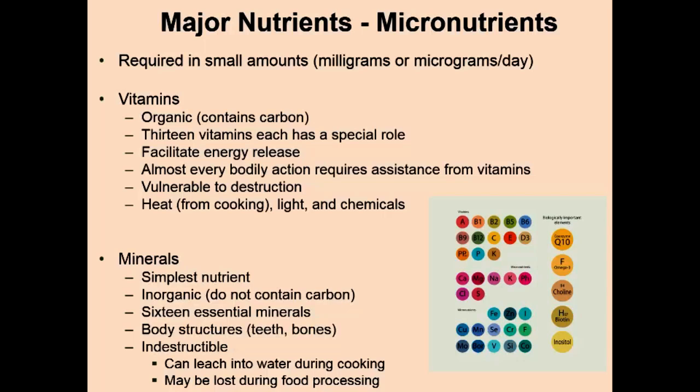They're going to help with the reactions within the body. Almost every bodily action requires assistance from vitamins. But vitamins are vulnerable to destruction. So they can be broken down from heat, like from cooking, light, and chemicals. The other micronutrients are going to be minerals.